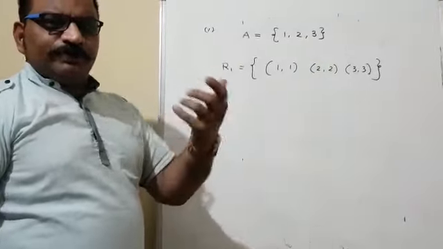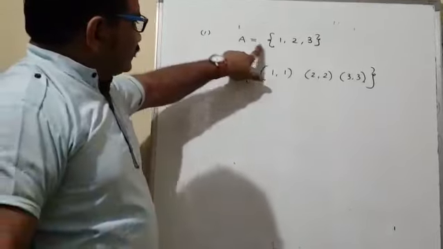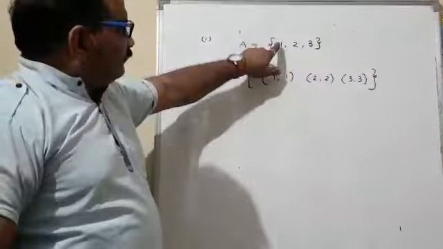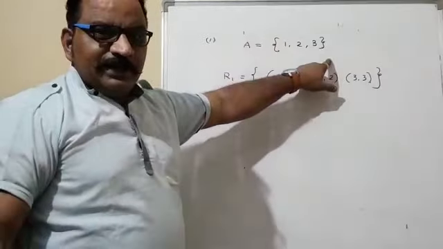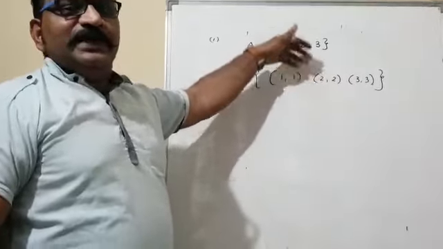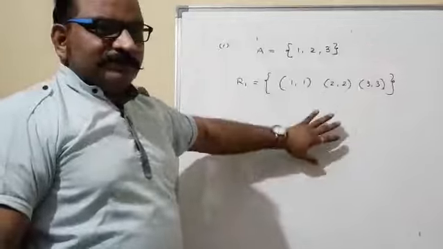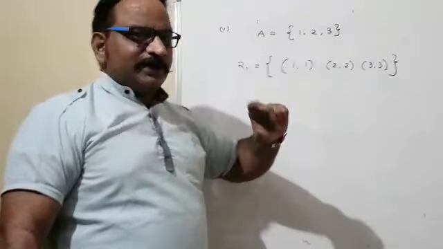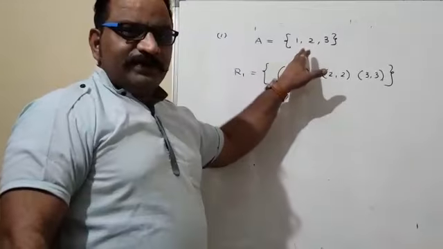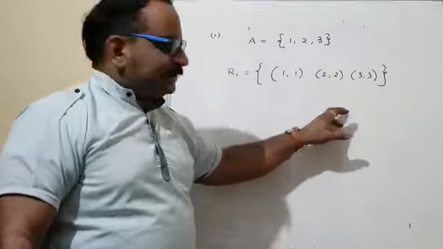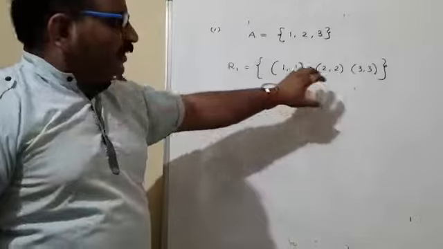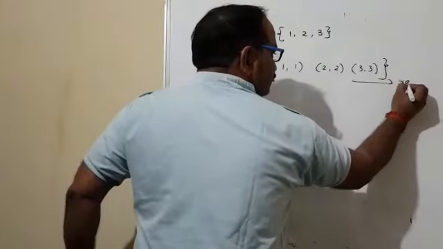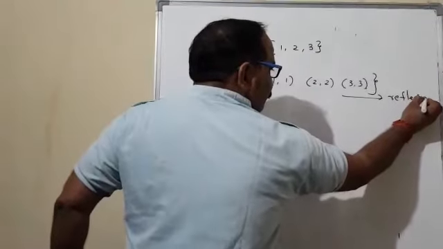So what we have to ensure? In the given set, we have three elements. We have to ensure every element of that set has the relativity with itself. Apart from that, what we have in the relation doesn't matter for us. The important part is every element should relate itself to itself. And in this relation R1, we have that. So this relation we treat as a reflexive relation.